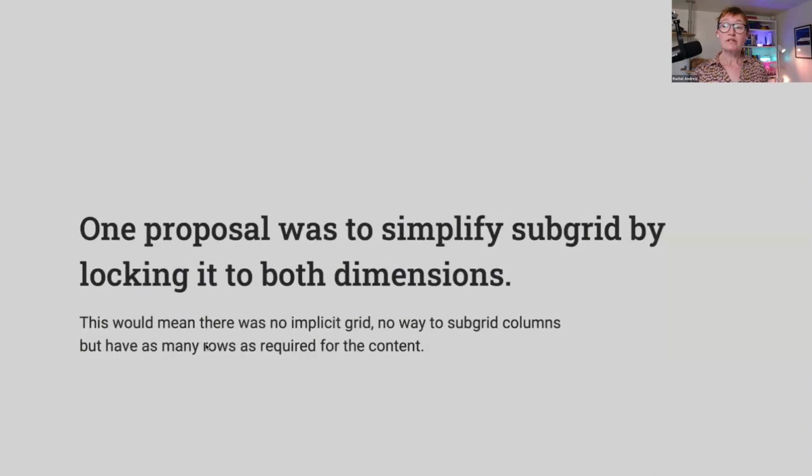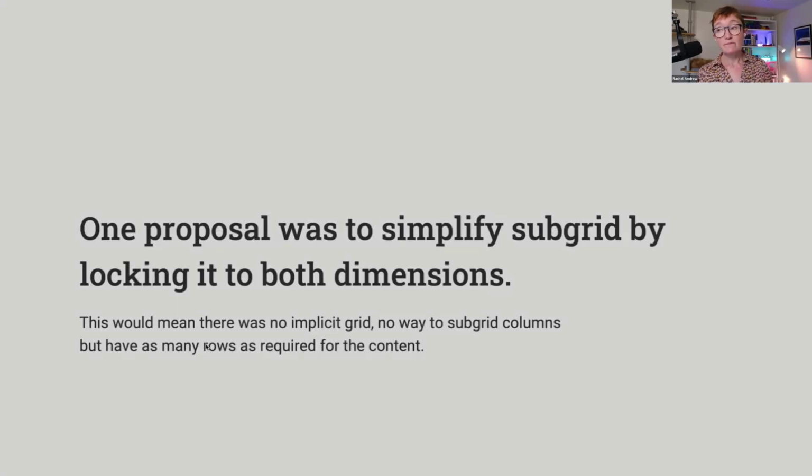But there was initially a proposal to simplify subgrid by locking it to both dimensions. So instead of having separate values of subgrid for grid-template-columns and grid-template-rows, there would be a subgrid value of display.